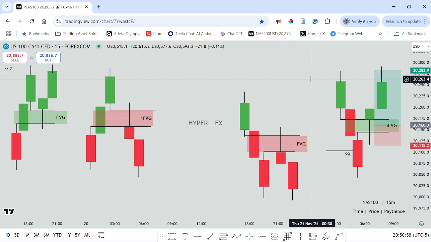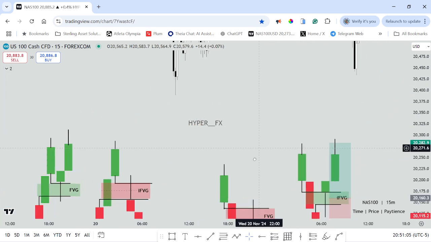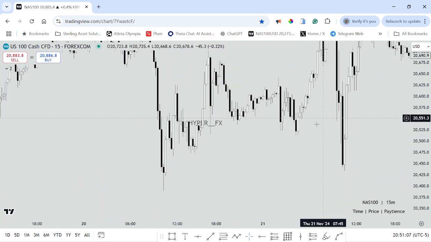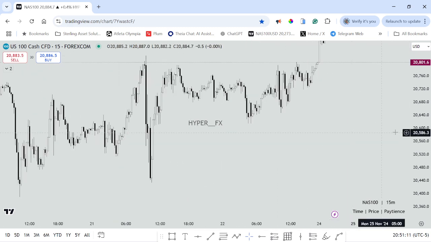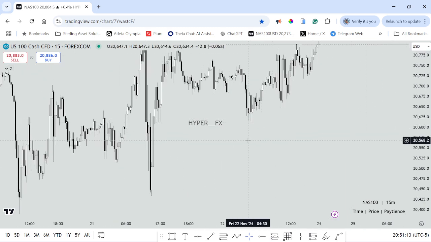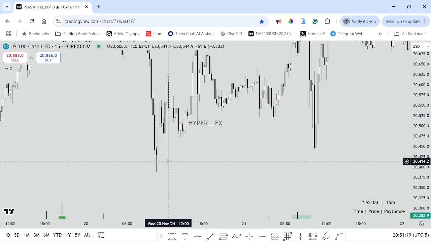So before I end this video, I think I should just show you a quick example of what I mean on the chart. Alright, just one example is okay. What is the time here? This is 10:15.